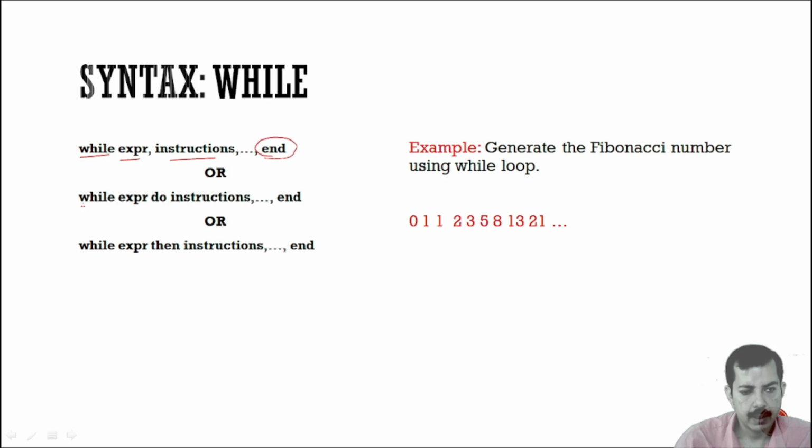Similarly, someone can write do here: while, expression, do, instruction, and while, expression, then instruction, both are the same. Suppose I want to generate the Fibonacci number by using a while loop. How can I generate it?